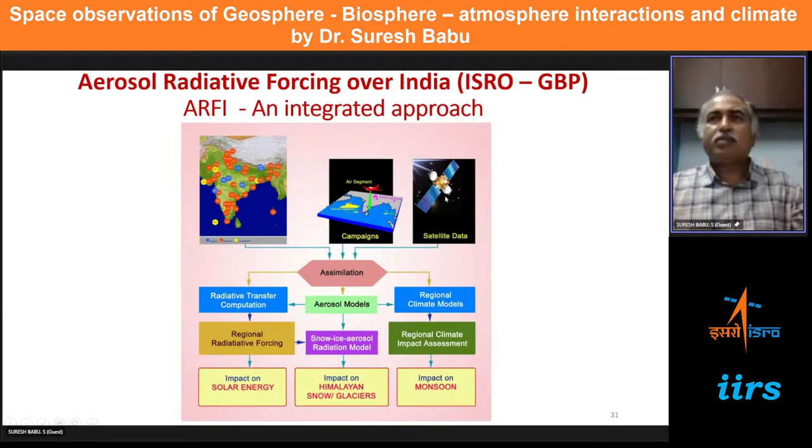In addition, as I mentioned some time back, we have the Indian remote sensing satellite series, which provides valuable data on aerosols, in addition to the international satellites. We assimilate all this data and formulate aerosol models, which are very important for radiative transfer computation. The final outcome is the estimation of regional radiative forcing. This is very important for the assessment of the solar energy available for our different energy needs.